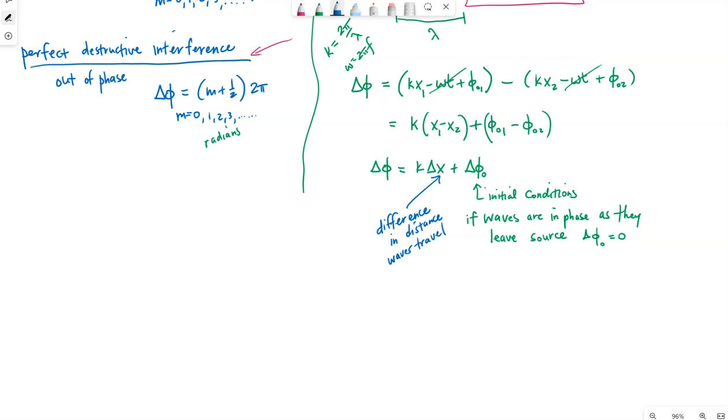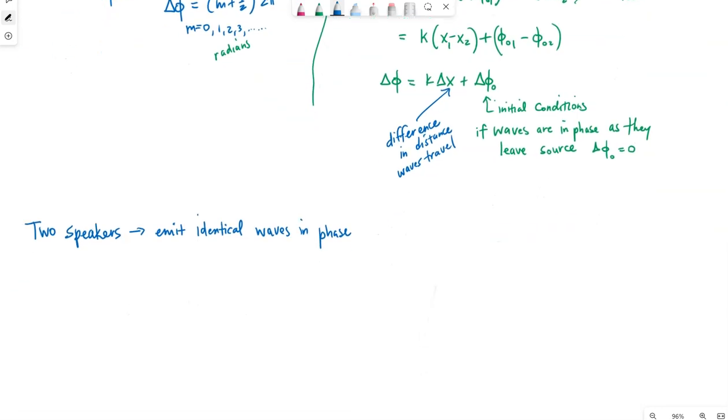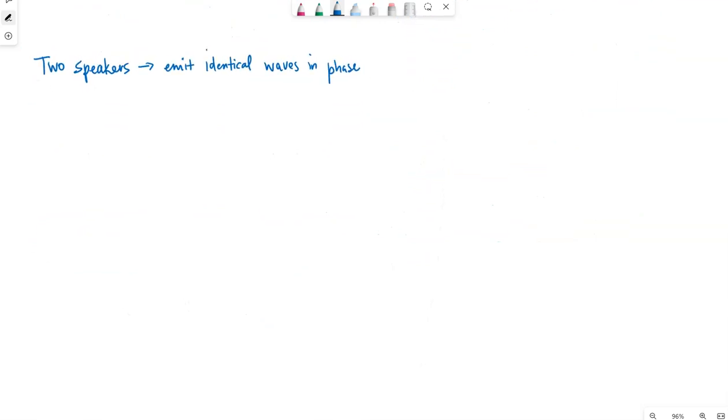So, for example, let's say we have two speakers. So they're both connected up to the same stereo system. They emit identical waves in phase with each other. And we wanted to look at constructive versus destructive interference.